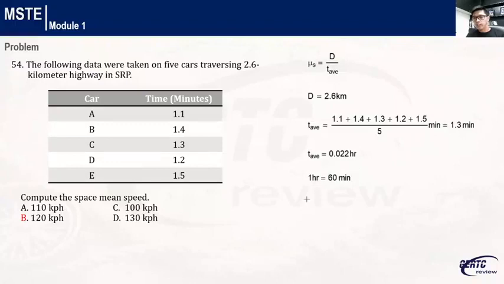So therefore, the space mean speed is equivalent to distance over the time average. That is in kph, 120 kph. Ayos. Okay. Copy? All right.